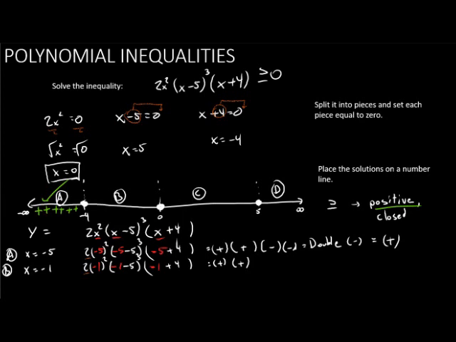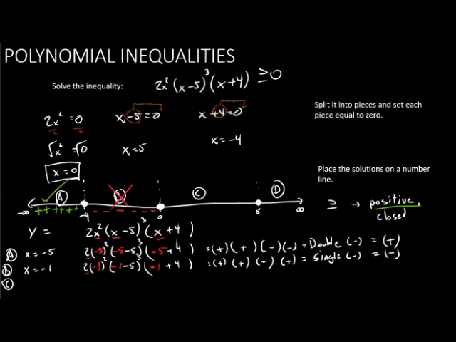Negative 6 raised to the third will give us a negative because any negative raised to the third is still negative. Then we'll take negative 1 plus 4, and this will give us a positive answer. We have a single negative. That single negative will return a negative answer, and therefore everything in region B will be negative. However, we are looking for positive answers because of our greater than or equal to symbol, and therefore region B will not be part of our solution.